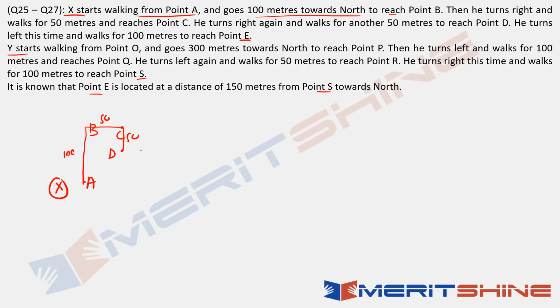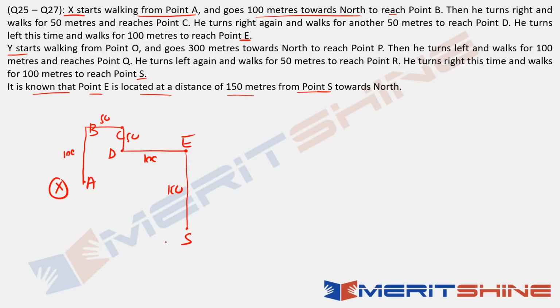Left and 100 meters, and so just draw it roughly to scale, and this is point E, and we know this, it is known that point E is located at a distance of 150 meters from point S. So let's just draw this as well, fine, it looks like 150, so this is point S.